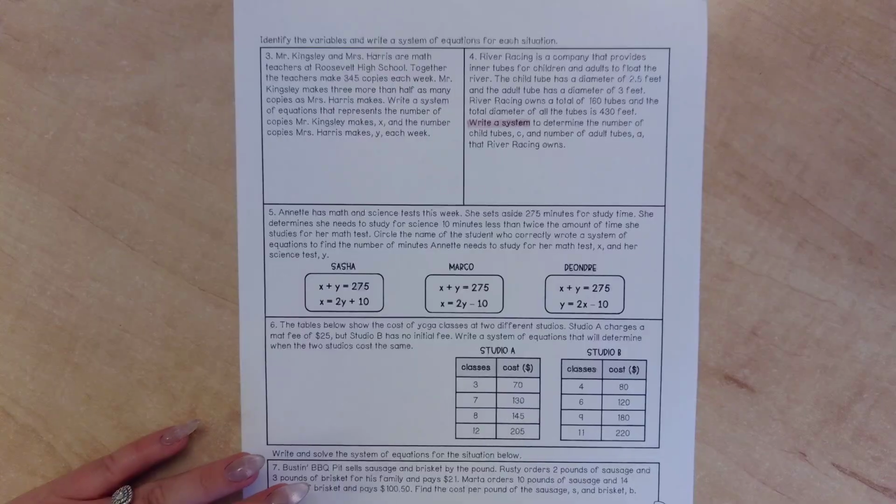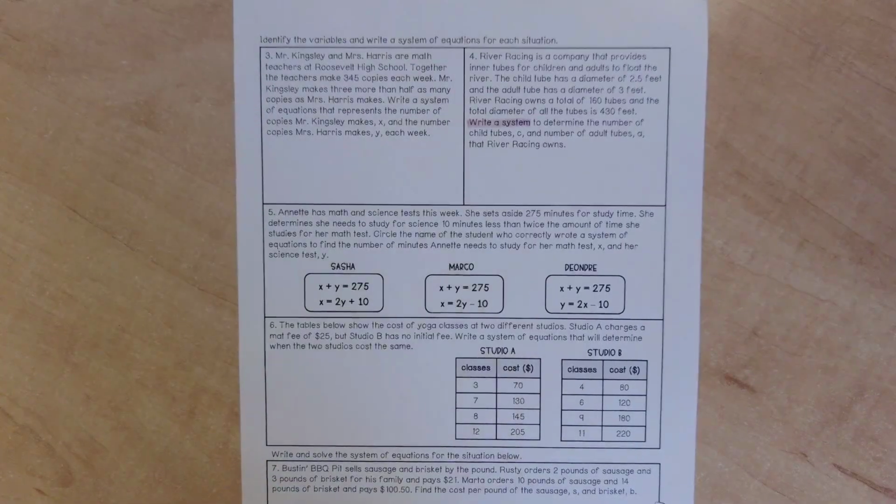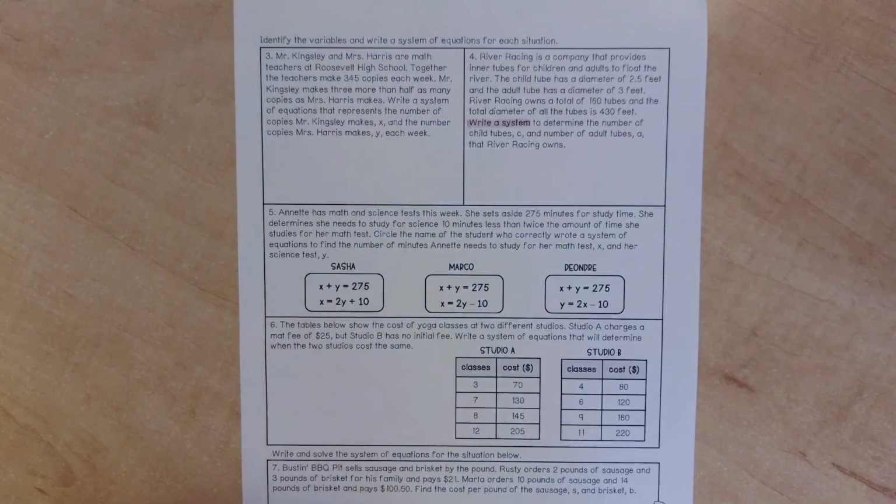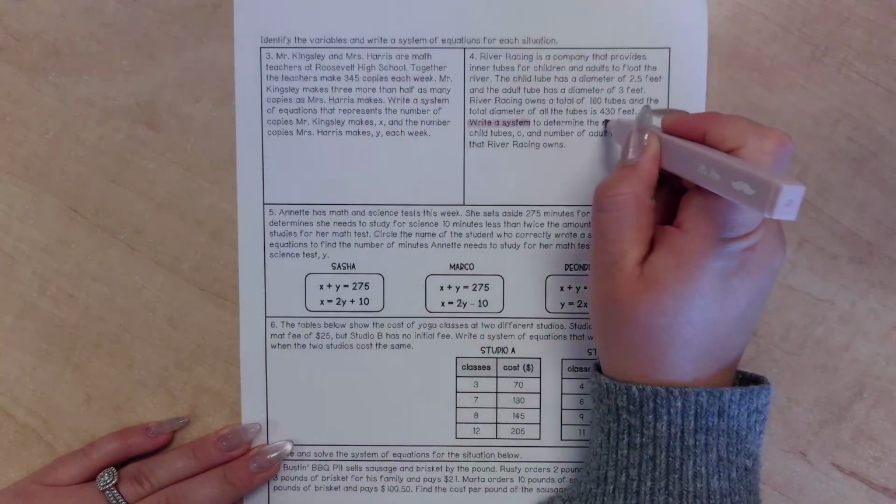So with that, I do want you to go ahead and identify your variables. I would always recommend that first because you've got to know what they're wanting you to use. And this one was actually nice. It identified them for you.